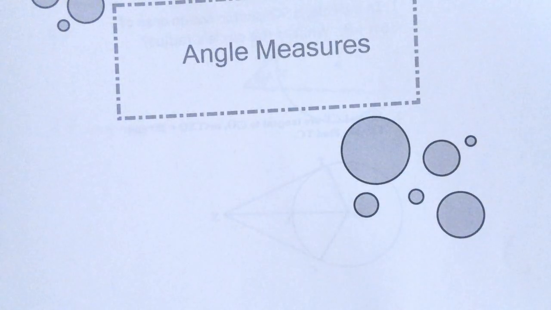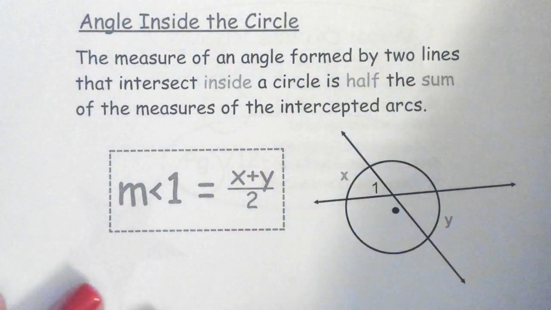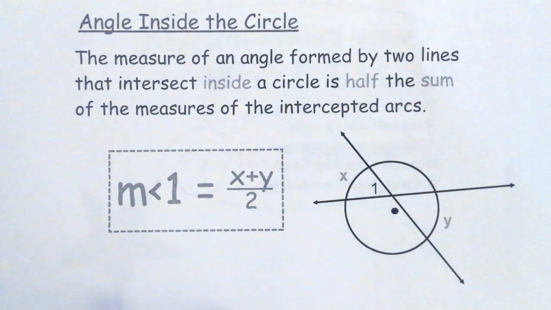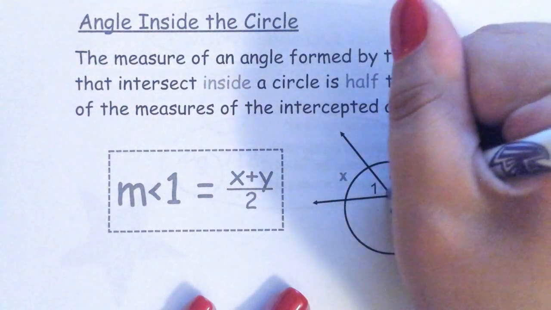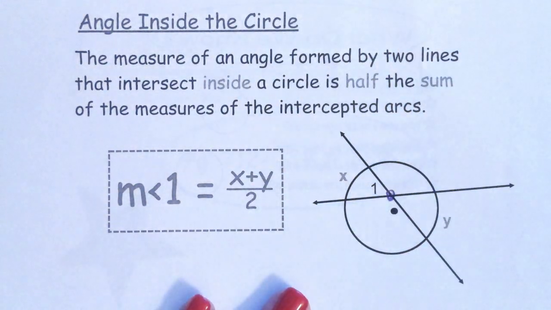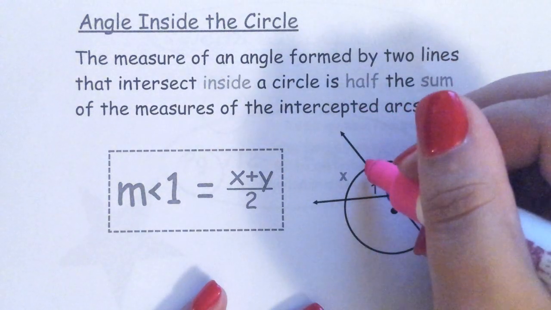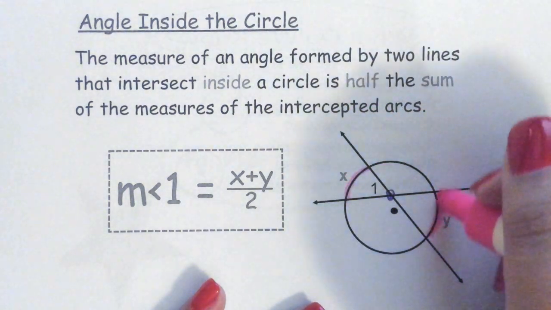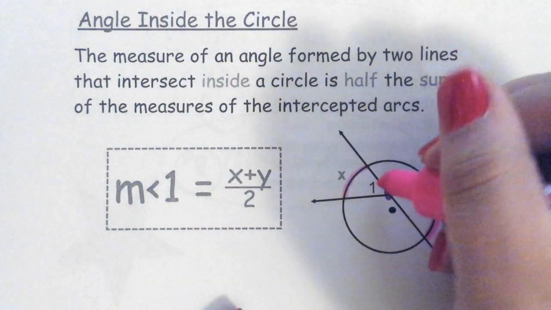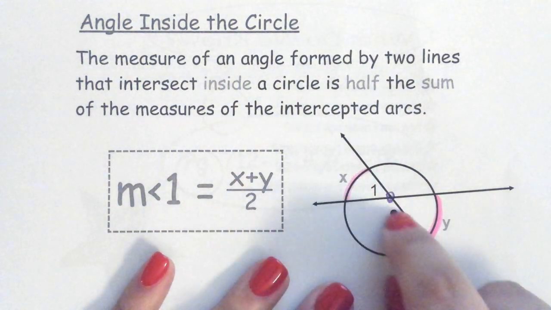Last but not least, what we learned today: we learned angle measures. So if it's not a central angle, then it's not an inscribed angle, it's just intersecting angles. If they intersect inside, you add the arc plus the arc and divide by 2, and that gives you the angle in the middle.